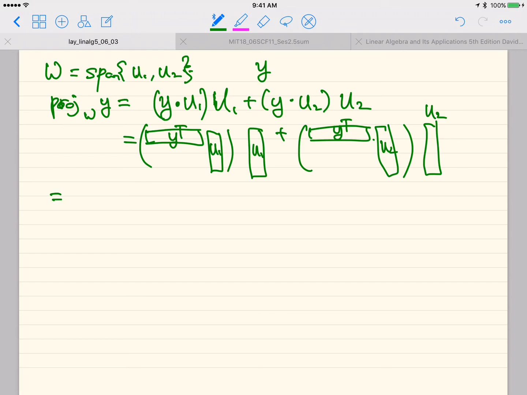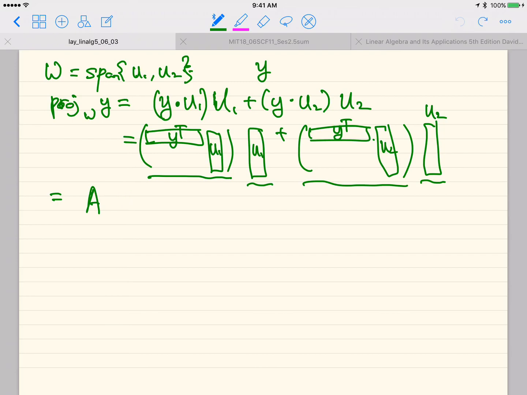This can be viewed as a linear combination of U1 and U2. And what is the coefficient? These two parts are the coefficients. Let's change this form into a vector equation form. So we want something like this.